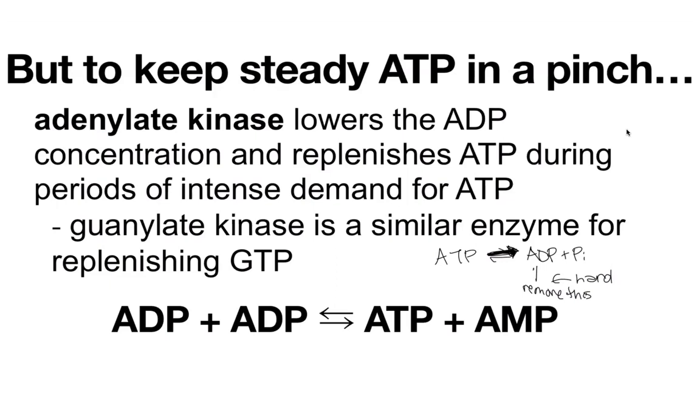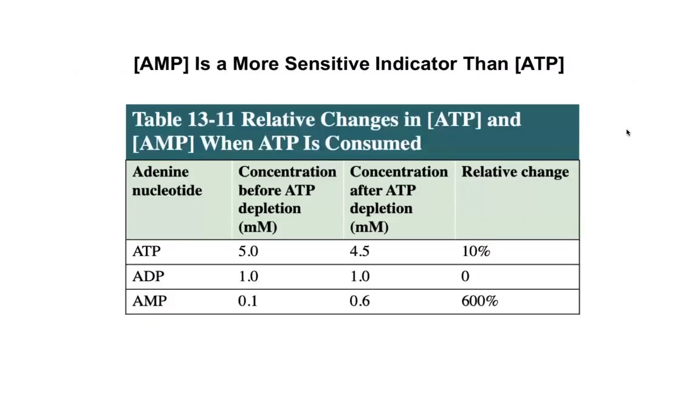So this is going to help save us in a pinch. It's also important for allowing us to stack the ratio of ATP to AMP in order to have a better sensor of changes in levels. It turns out that the concentration of AMP is a more sensitive indicator than the concentration of ATP of the relative amounts of energy in your cells.